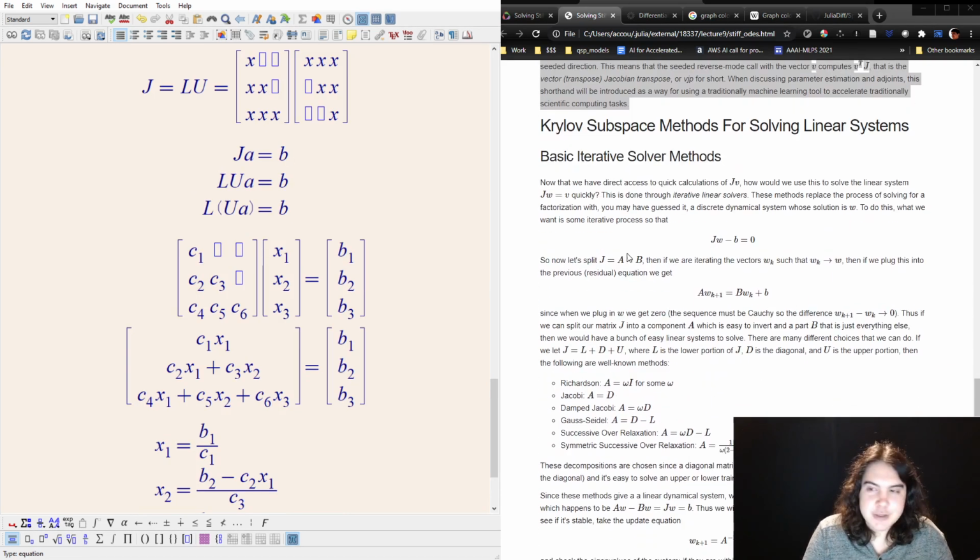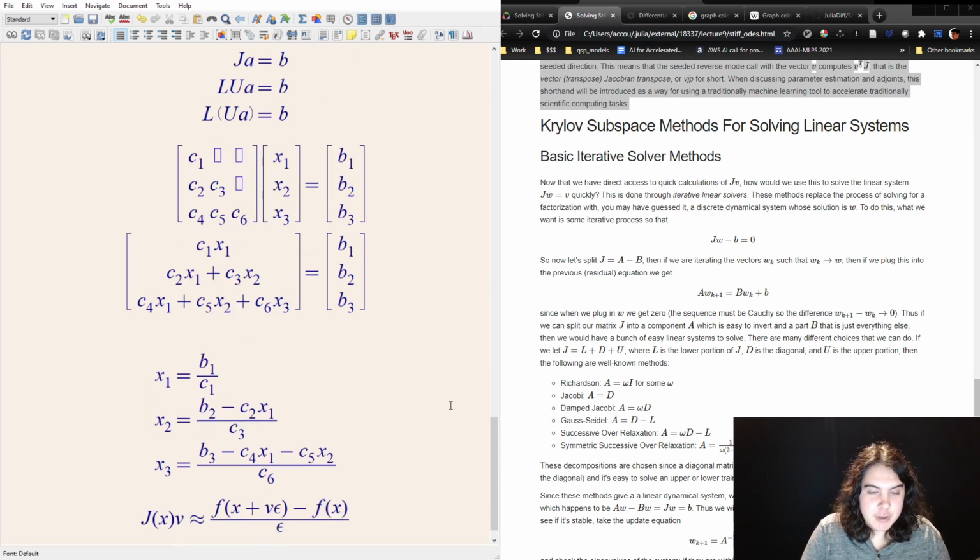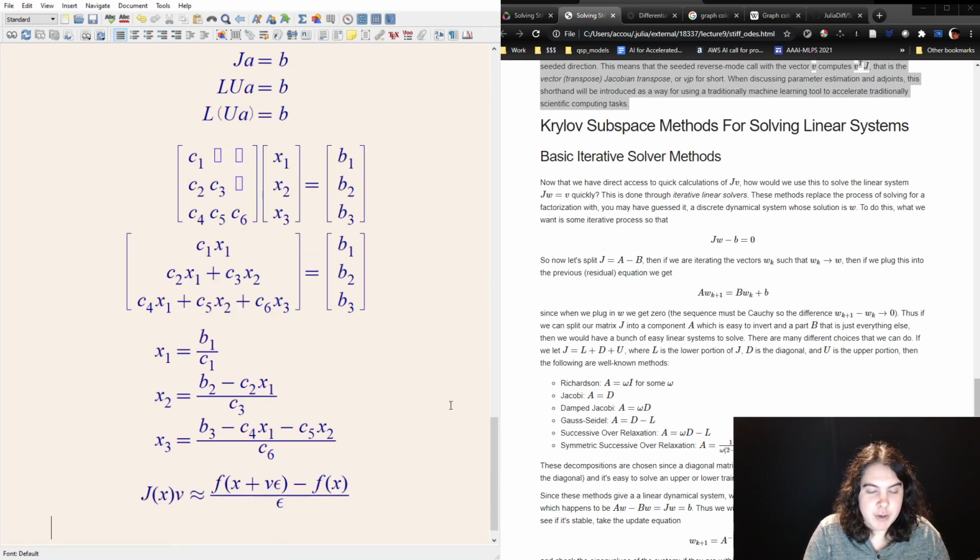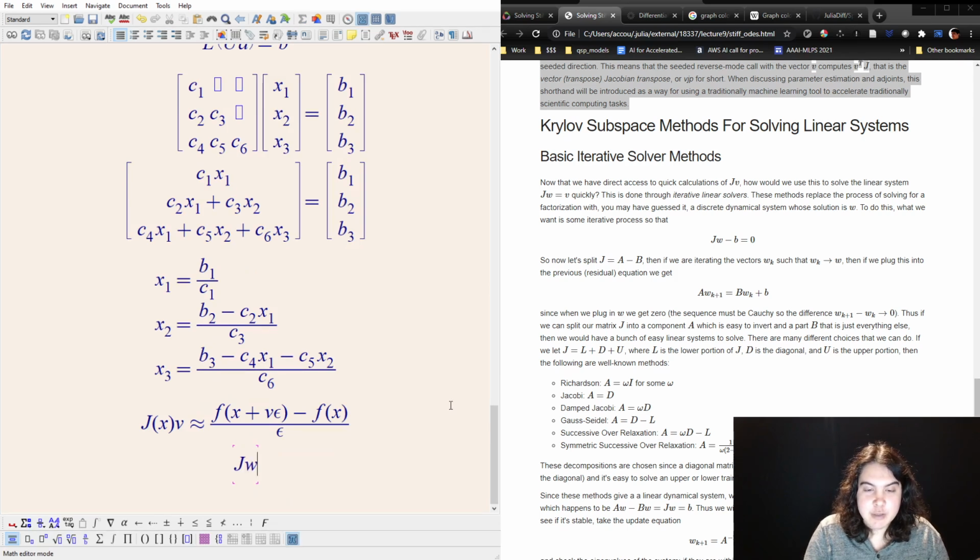So that brings us to Krylov subspace methods for solving linear systems. So now let's isolate this problem here, right? We have J times W equals V, and we want methods for calculating this without inverting the J. We don't want to do a factorization because in this case we don't know what J is.